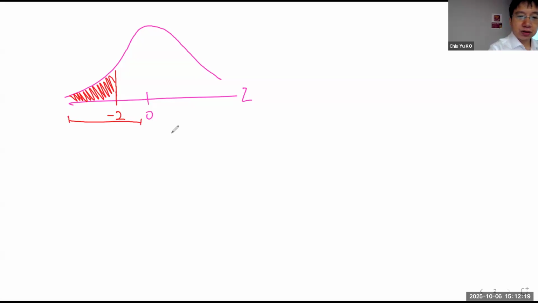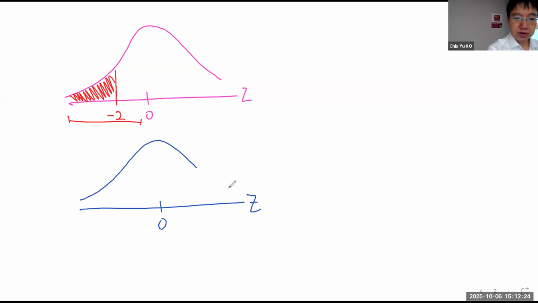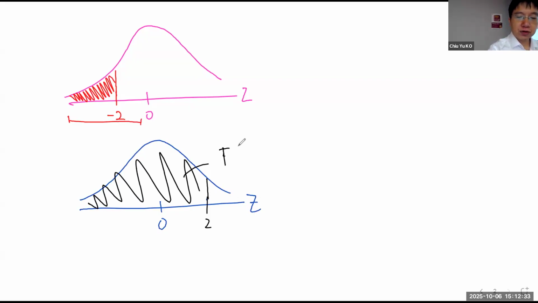Suppose I want to know this positive 2. I want to know F of 2, but you only give me F of negative 2. What can I do? The things you learn from primary school or kindergarten, that's the method. So the red one is essentially the same as this purple one. Same.